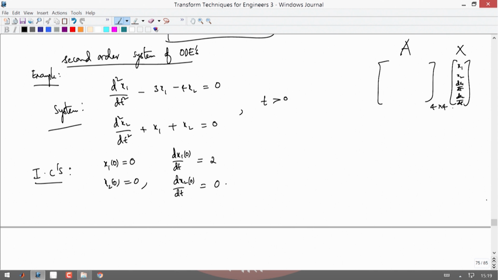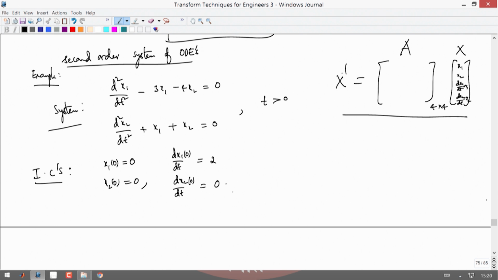You assume x1, x2 as new variables y1, y2, and so y1 dash and y2 dash come from the equations, while x1 dash is nothing but y1. So, that gives the matrix, and x dash can be written this way.